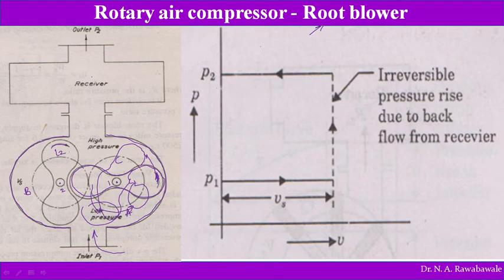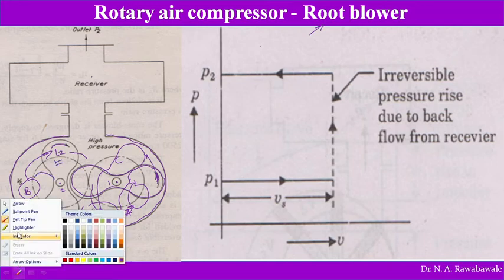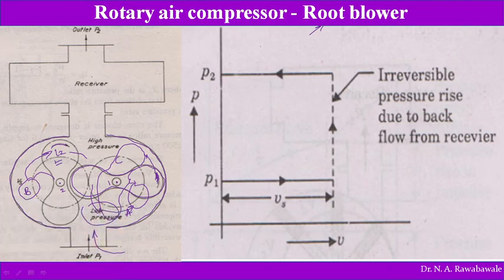Similarly, as this lobe rotates, the air trapped in region B is forced in the upward direction. As soon as lobe number 2 becomes horizontal and occupies this position, the air at B will come here, and this air will rush into the reservoir.